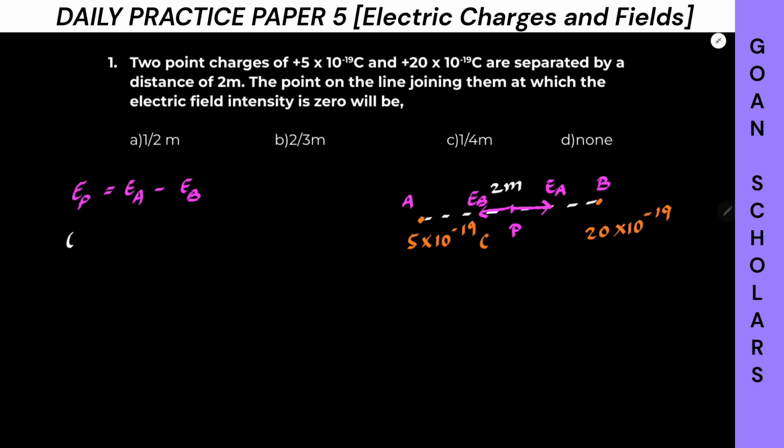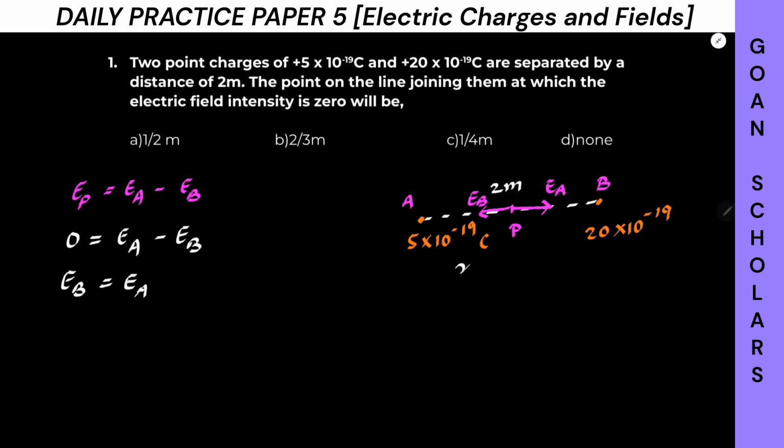So let's put here 0 equals EA minus EB. Let me take this EB on the left hand side. So electric field EB equals EA, and that's obvious. If two vectors are in opposite direction and the resultant is 0, they should be equal and opposite, right?